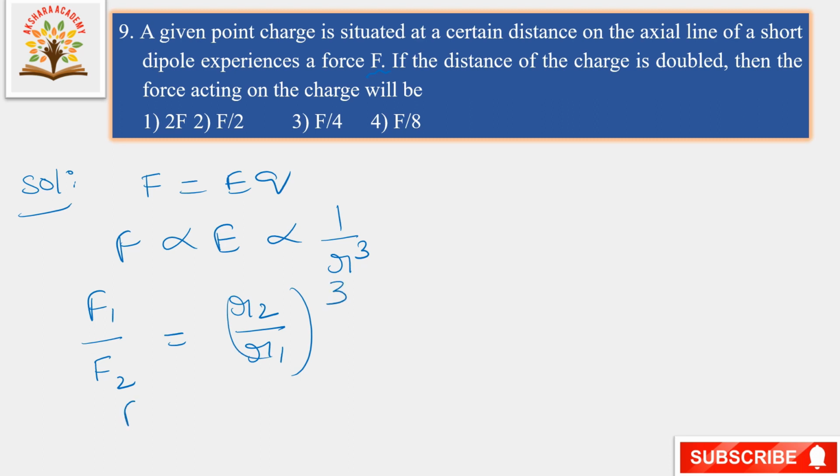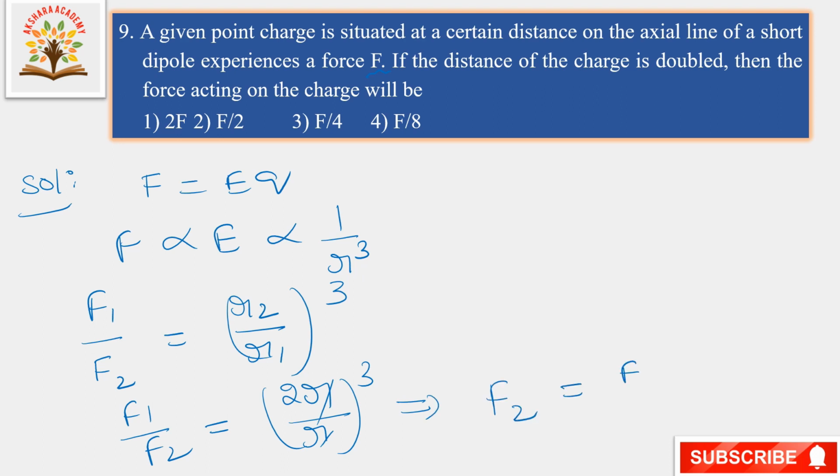Now substituting values, in this question the distance of the charge is doubled. So 2R by R whole cube, R gets cancelled. So F2 is equal to F by 8, since 2 cube is nothing but 8. Okay. Next, we will go to the next question.